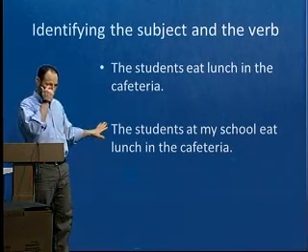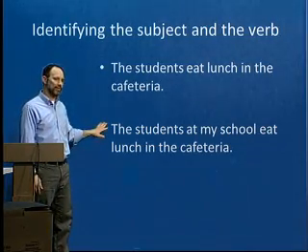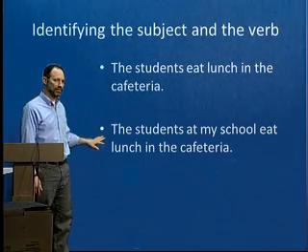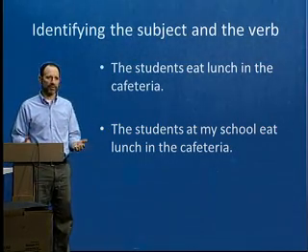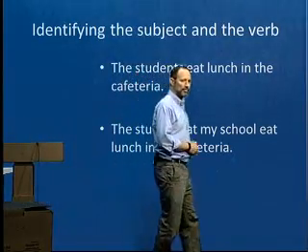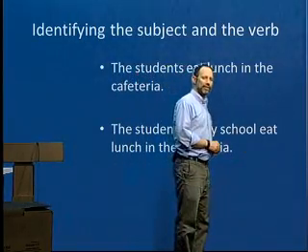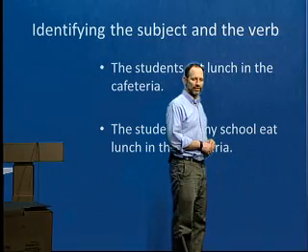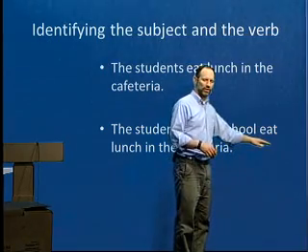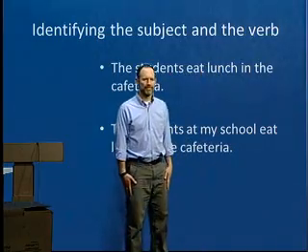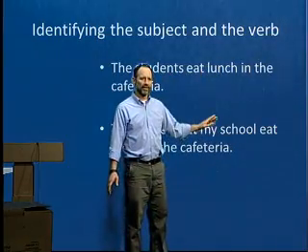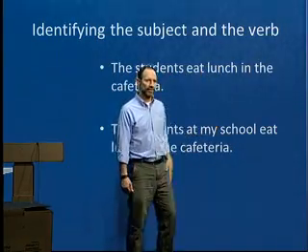And then the verb eat, I don't have to do anything to the verb because the subject is plural. Here, you can see the students at my school eat lunch. I find the verb, eat. And then I find the subject, school. School, oh, should I have an S here? Here's what happened.